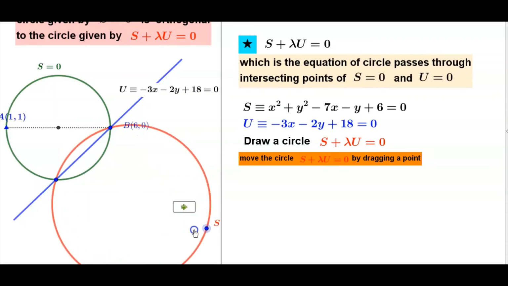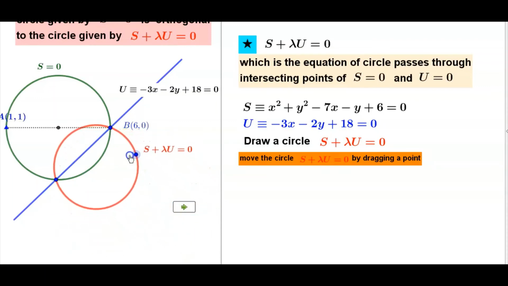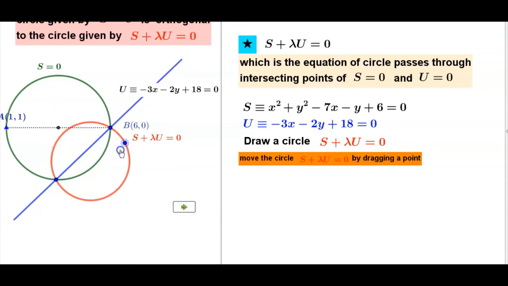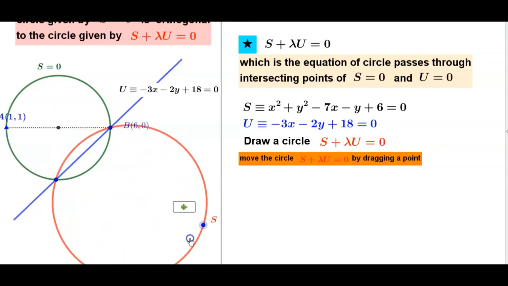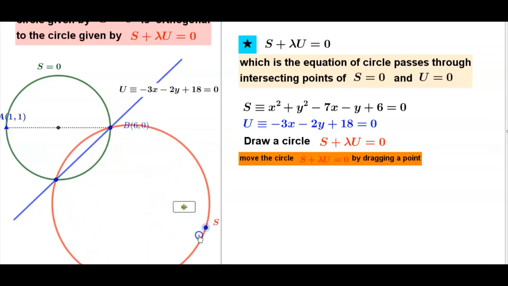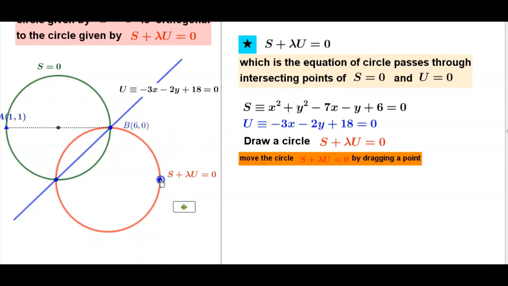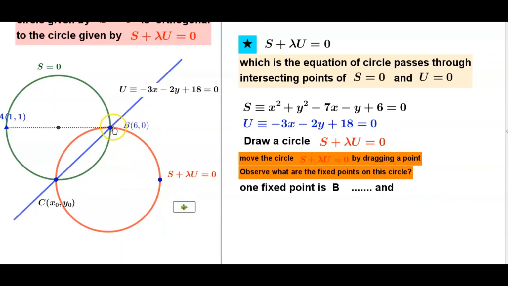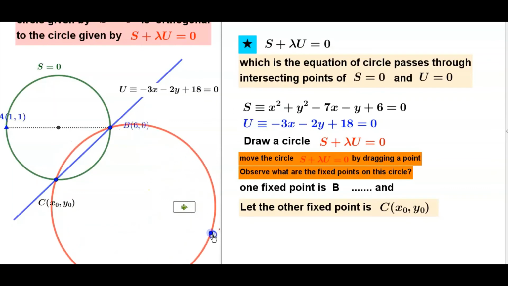Did you observe that? So many circle equations we can get, but definitely 2 points are fixed points. What are the 2 fixed points? One fixed point is B and the other fixed point is C (x naught, y naught).